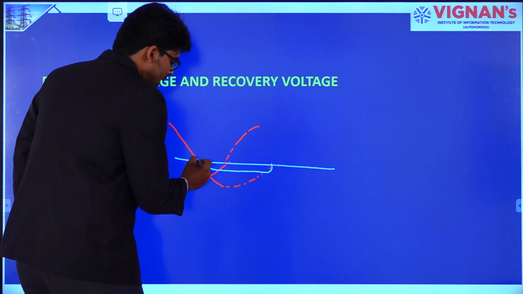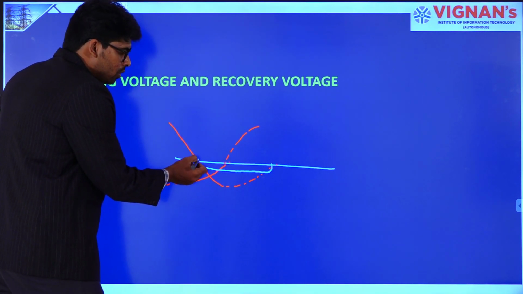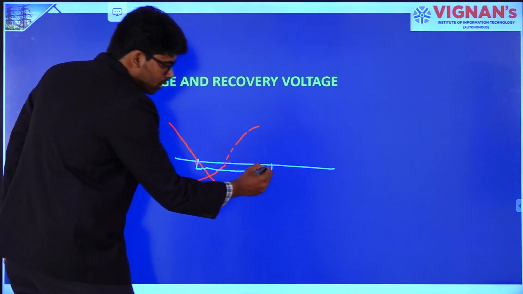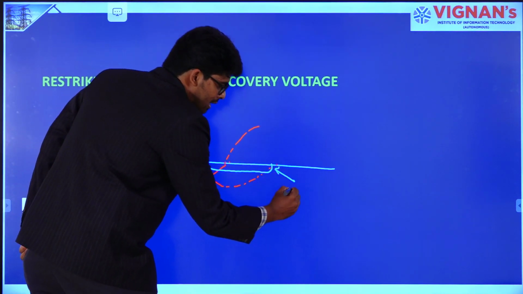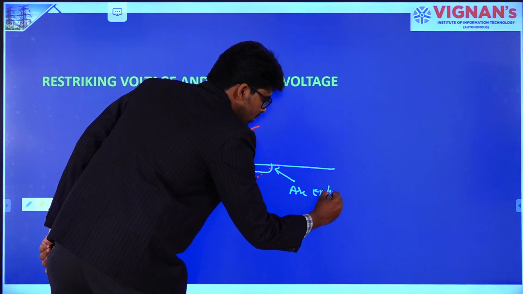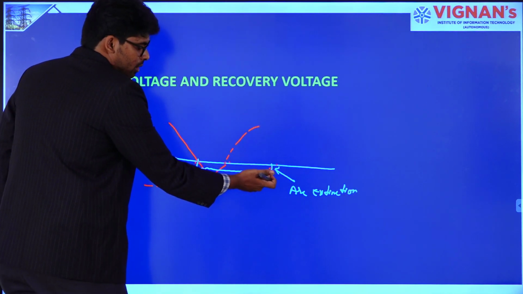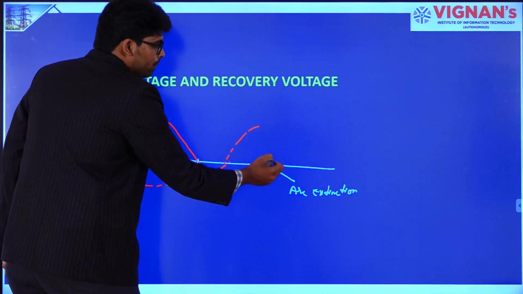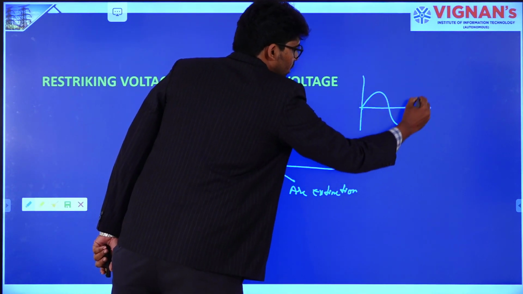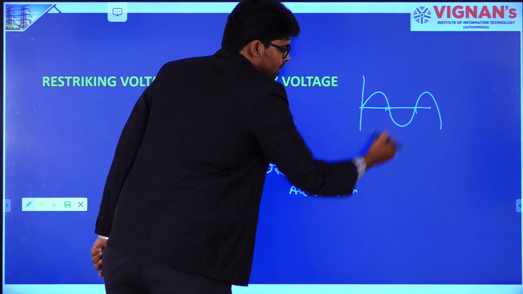At this point, the contacts are ready to move, and this is called the arc extinction point. So these are two current zero interruption points.